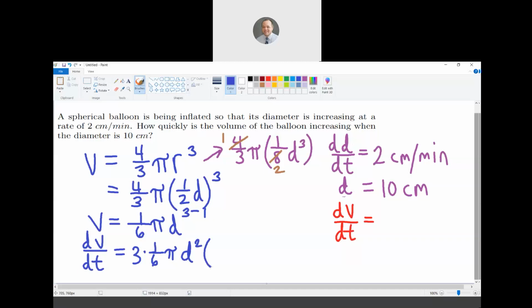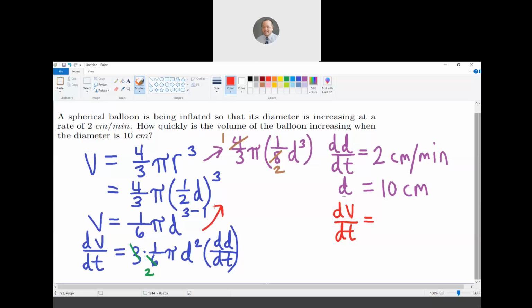Now, because we're taking the derivative of the diameter with respect to time, we must include the ratio dd over dt. Let's simplify a little bit in front before we continue. 3 can go into 6 2 times. Now we are ready to plug in our given information.